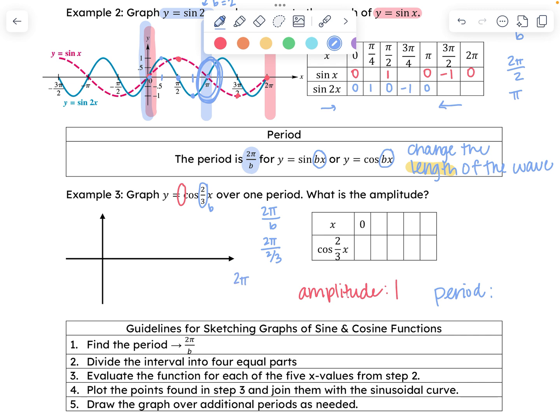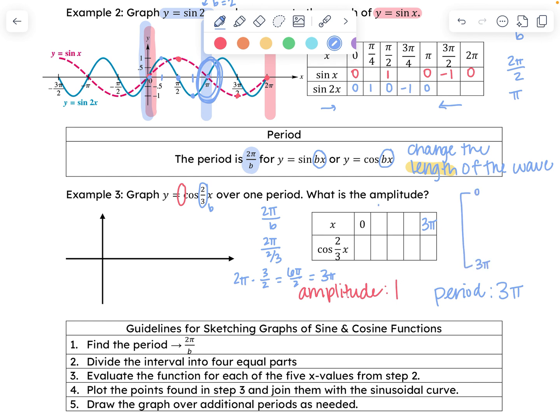It's going to be 2 pi times 3 over 2, which is going to give me 6 pi over 2, or 3 pi. So my period now is 3 pi. So that's going to be the end over here. I'm going to go from 0 to 3 pi. So I know that I'm going to start at 0 and I'm going to end at 3 pi.